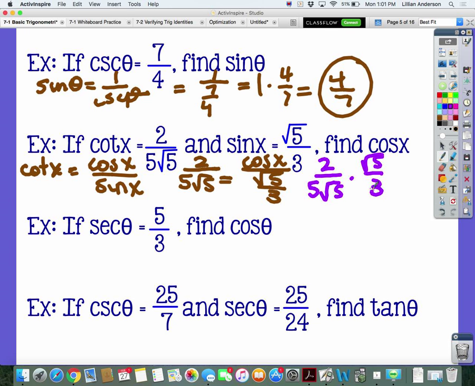Hopefully you see that the root 5's cancel out, and then you just multiply straight across. When you cancel this root 5 out, that turns into a 1, so that would be 2 over 15.